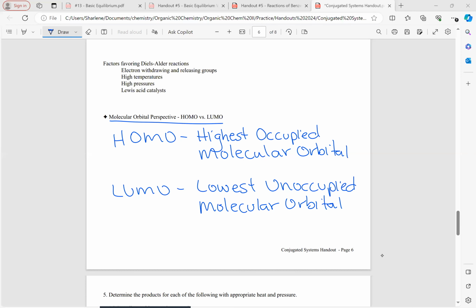So where in the world do these words come from? The highest occupied molecular orbital, those would be the bonding. And these would be the antibonding.